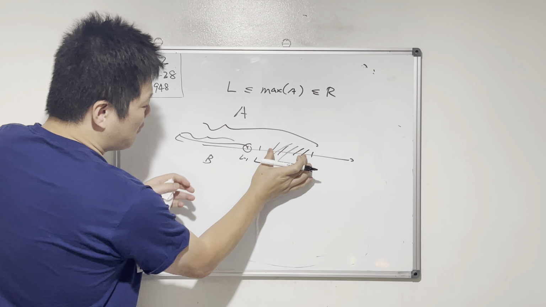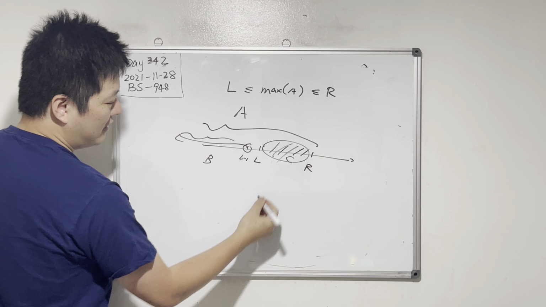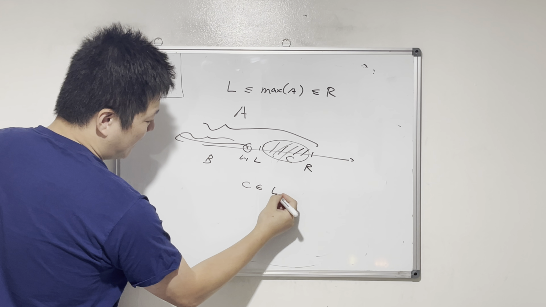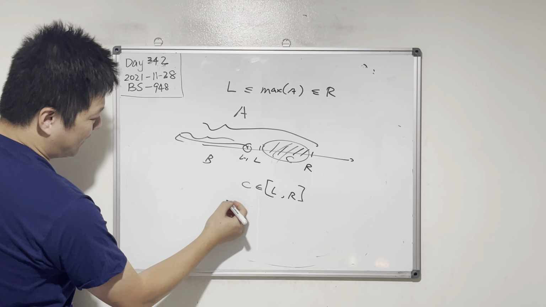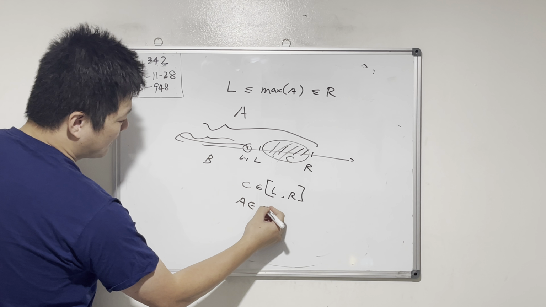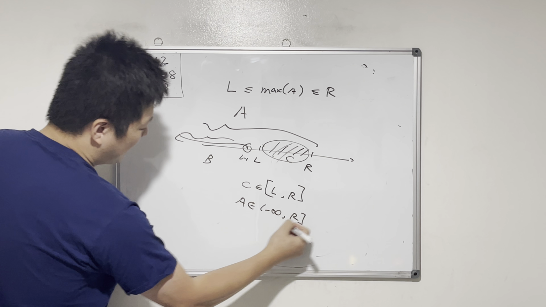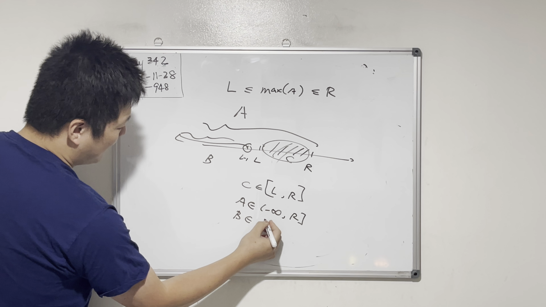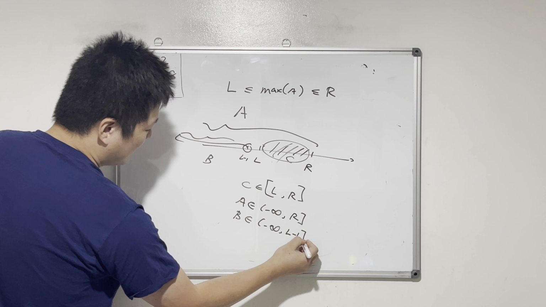I want to calculate this bit, C. C is the numbers between L and R inclusive. A is the part from minus infinity to R inclusive, and B is the part from minus infinity to L minus 1.